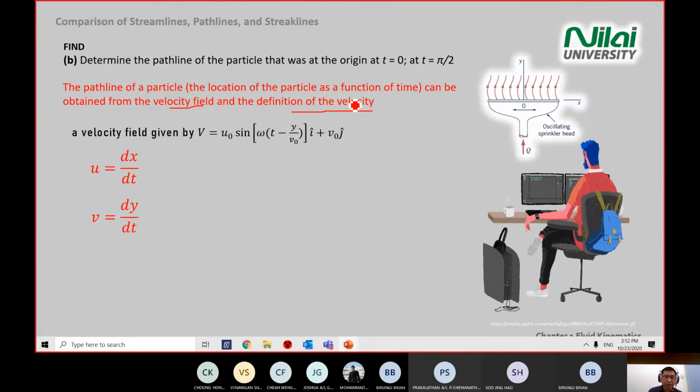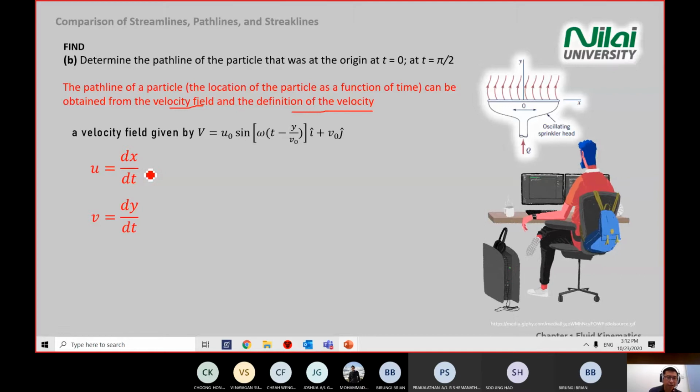And then what is the definition of velocity? It means the change of distance in the x direction, and also the change of distance in the y direction. So if it's linked with the x direction, then you use a small u. u equal to dx dt means u is the change of distance in the x direction with time, its velocity or speed.